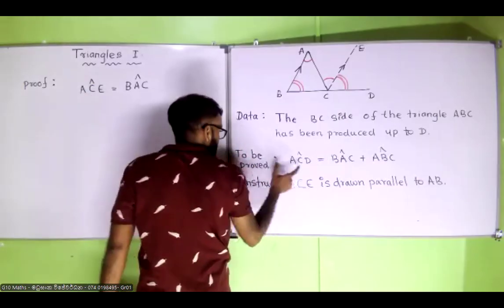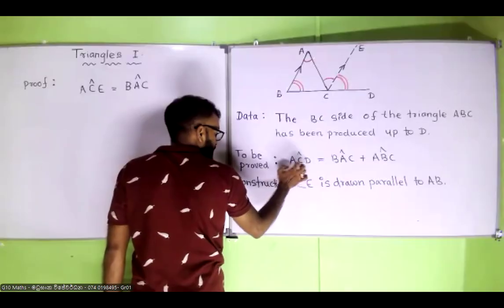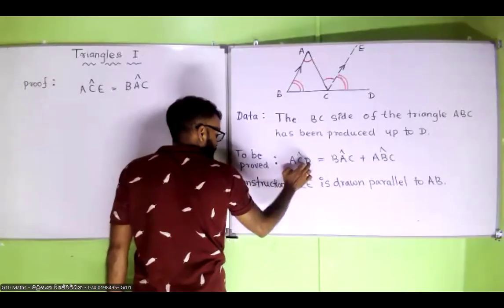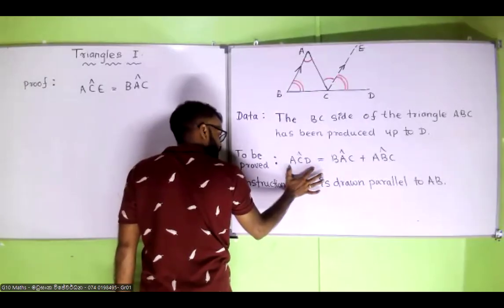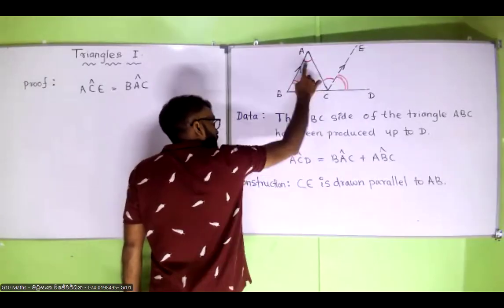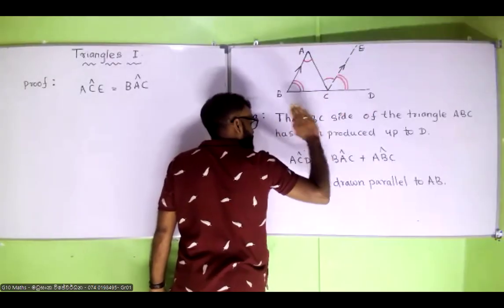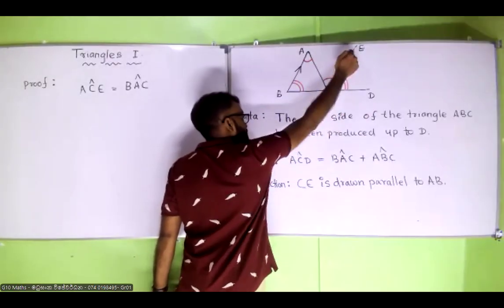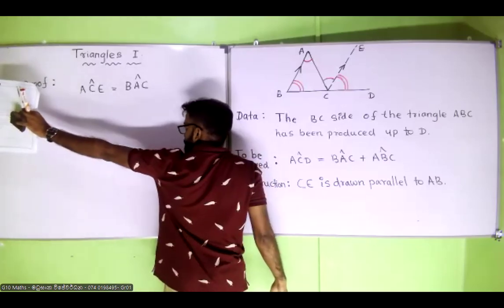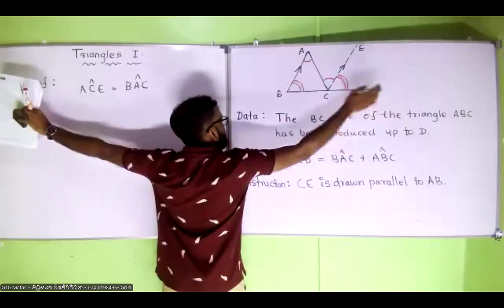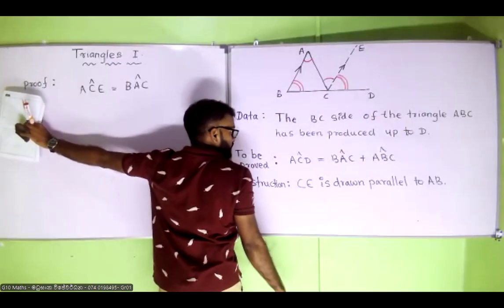On the left hand side of this equation, I need to make ACD. Angle ACE is relevant to angle ACD, that is why I have taken ACE to my left hand side, and to my right hand side I have taken BAC. I hope you can understand.